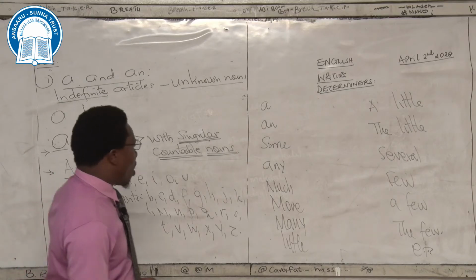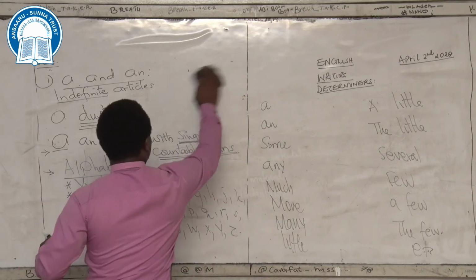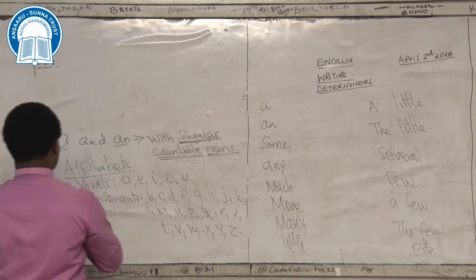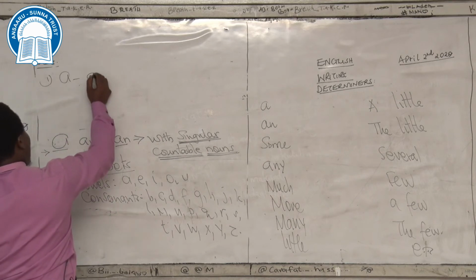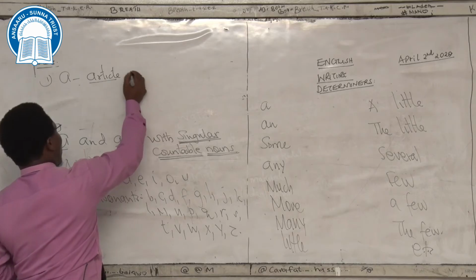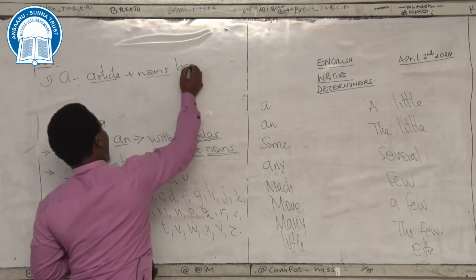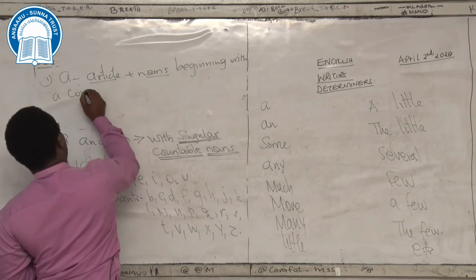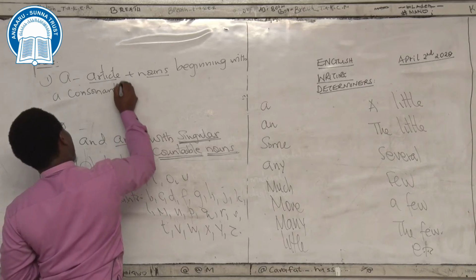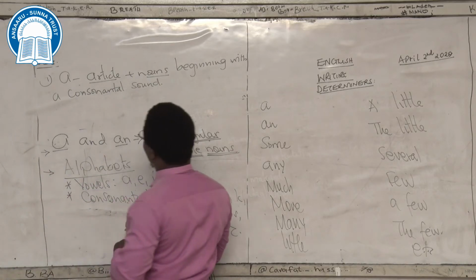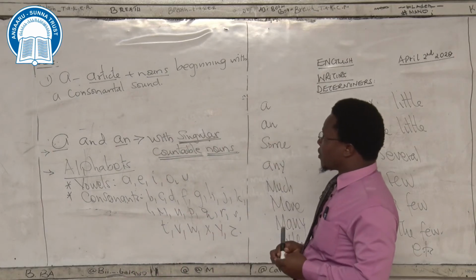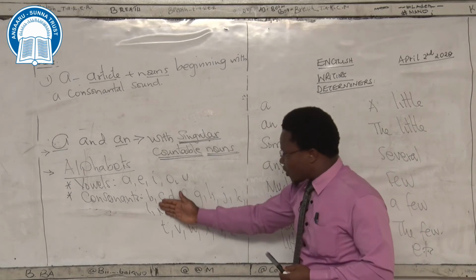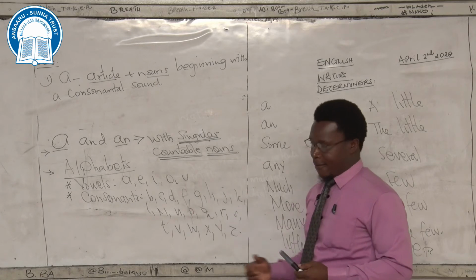So in the use of both a and an, it's important to note that the a article is used with the nouns beginning with a consonantal sound, such as the ones I've listed here.